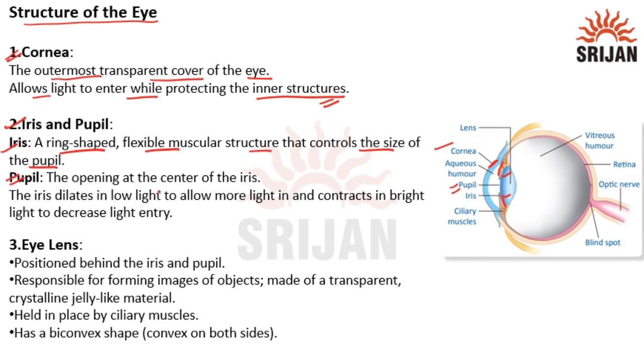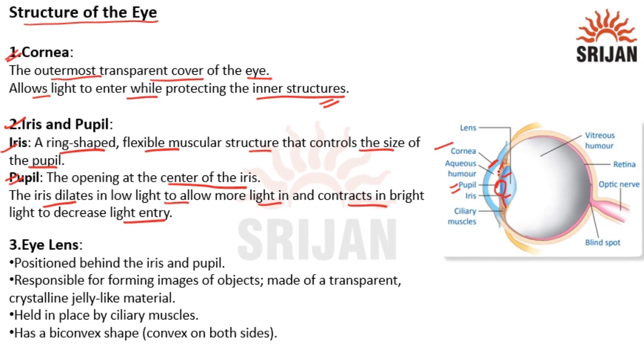Second one is pupil. Pupil is the opening at the center of the iris. Iris dilates in low light to allow more light in, and contracts in bright light to decrease the light entry.